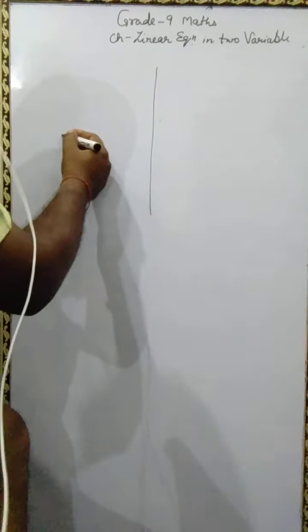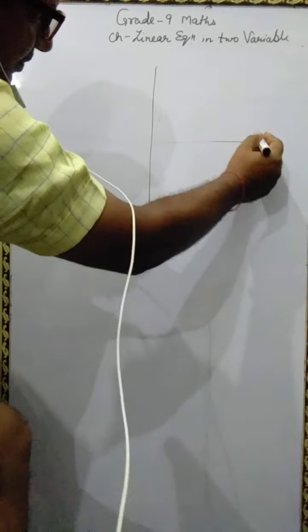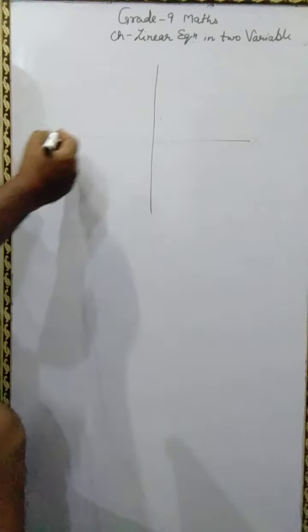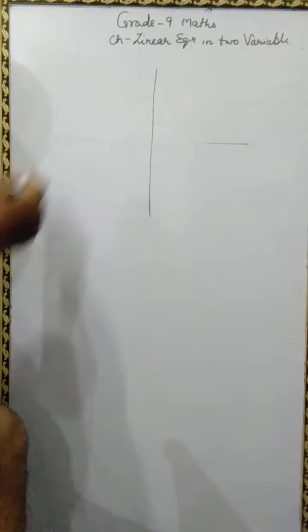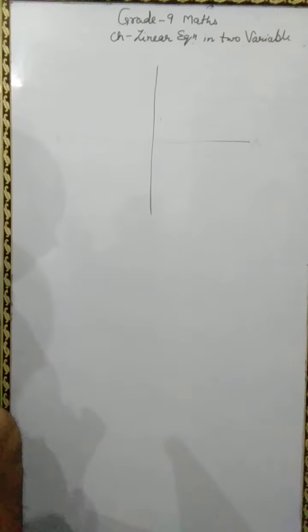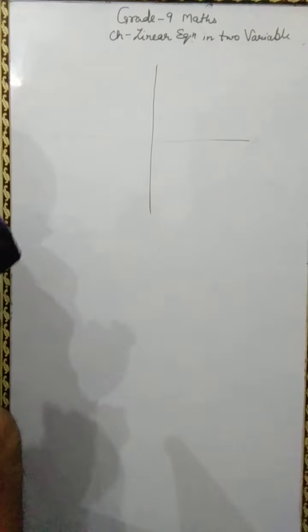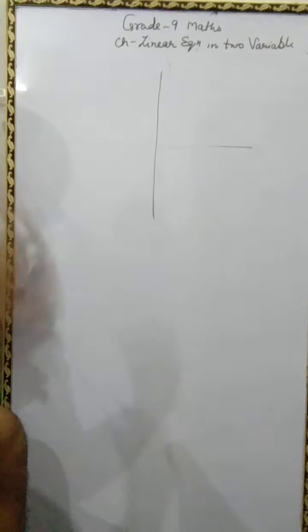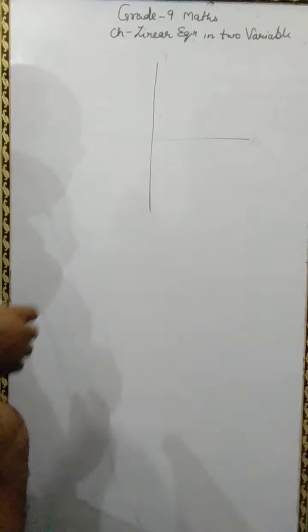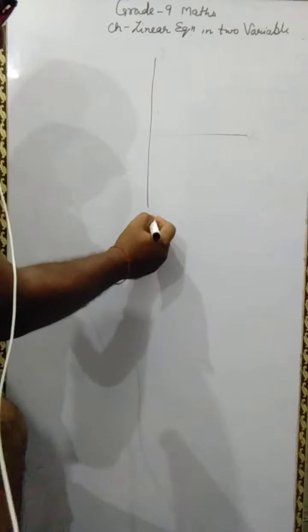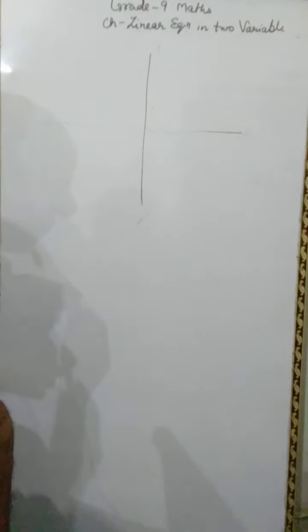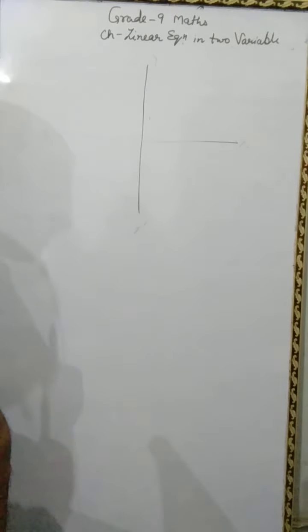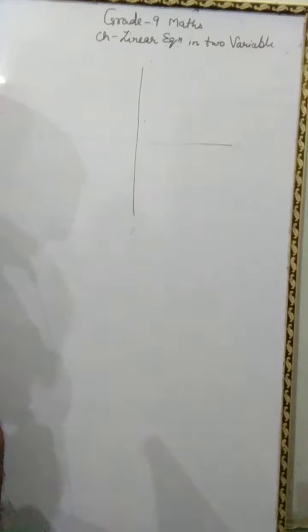This is y axis, this is x, x dash, and the next one is y dash. Anyway, it is not working, don't worry. Ink is finished, but we have another option.